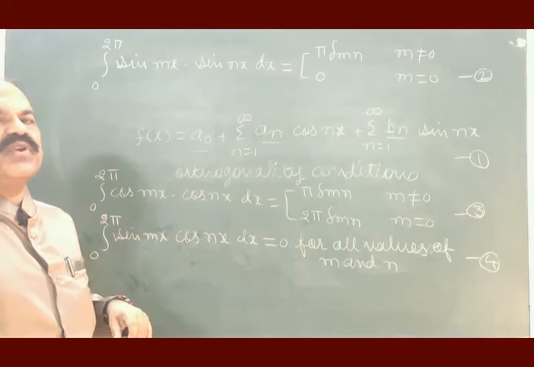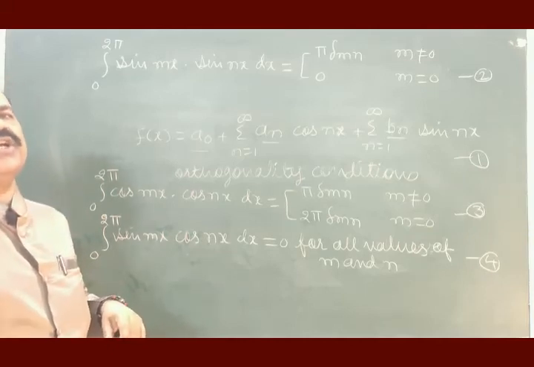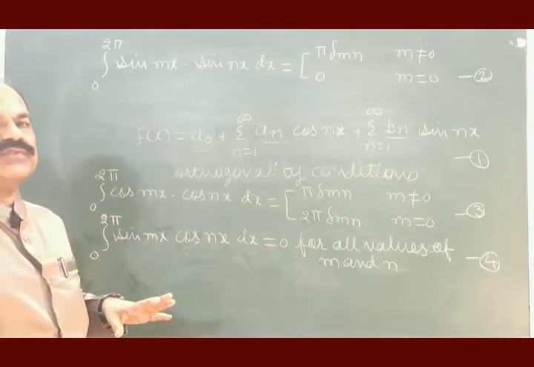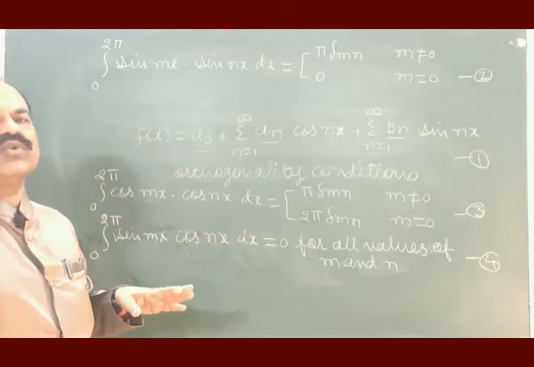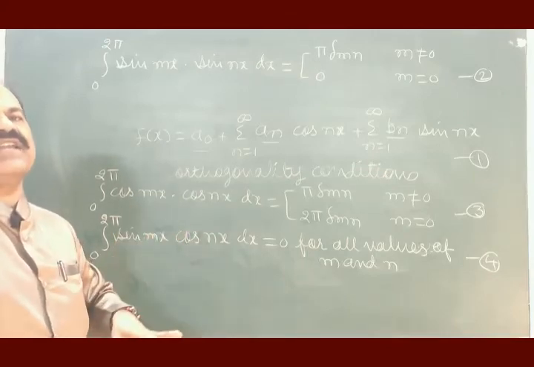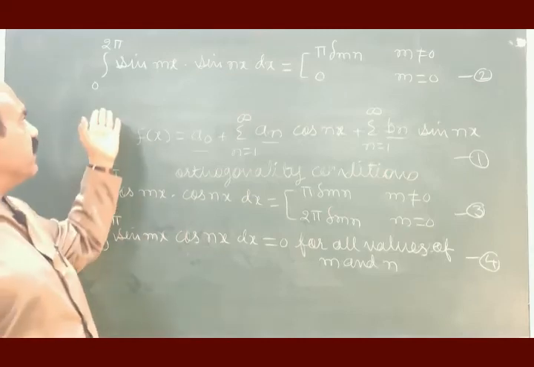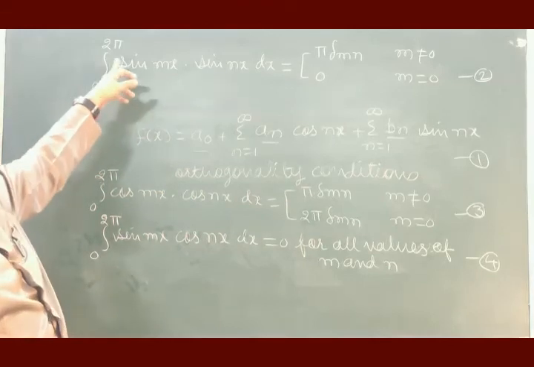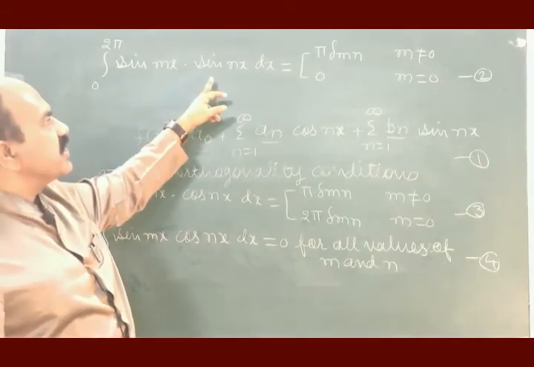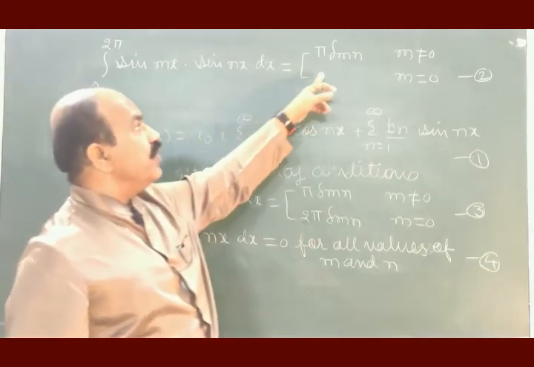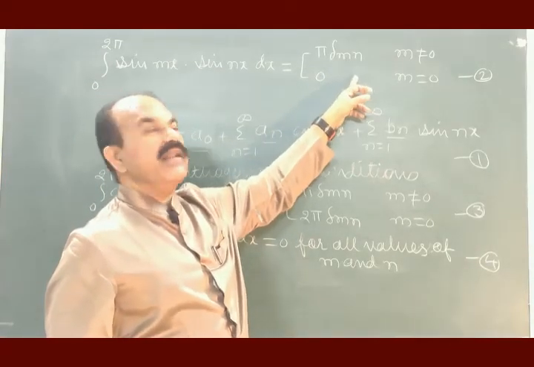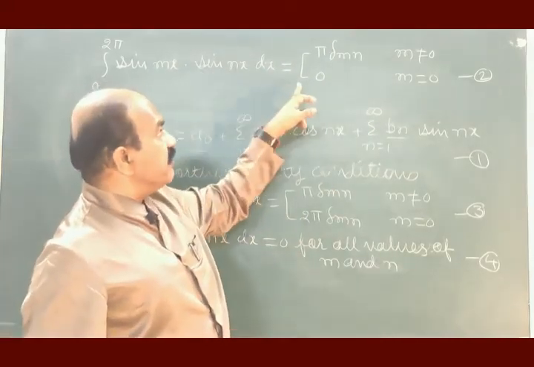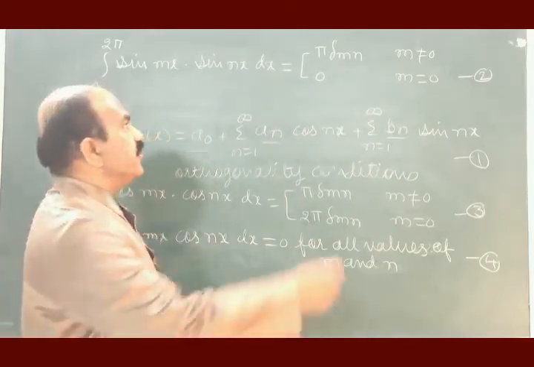Evaluation of the values of coefficients of Fourier series a0, an, bn will be very easy and simple if you make use of orthogonality conditions of sine and cosine functions. This is the orthogonality condition for the sine function: integration over 0 to 2 pi of sin mx sin nx dx is equal to pi delta mn when m is not 0, and this is equal to 0 when m is 0.